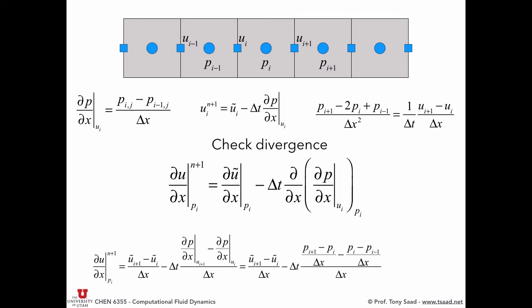Then this is pi plus 1 minus pi over delta x, and pi minus pi minus 1 over delta x. And you see how I'm getting excited over here. And that's actually equal to the del squared. So div grad is equal to del squared just by moving things around.